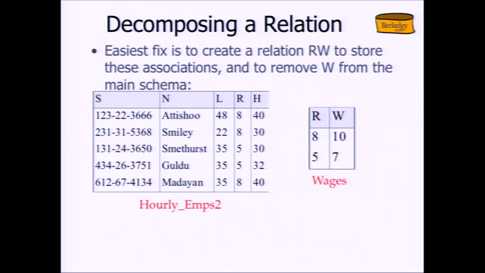Does W determine R, for example? No. Okay. So the only non-trivial dependency on the right-hand side is R determines W. R is a superkey of this table, by construction, because R determines R and R determines W, so R determines RW. We built this table so that would be true. So this thing is in BCNF. All of its FDs on the right-hand side are either trivial or have a superkey on the left-hand side.